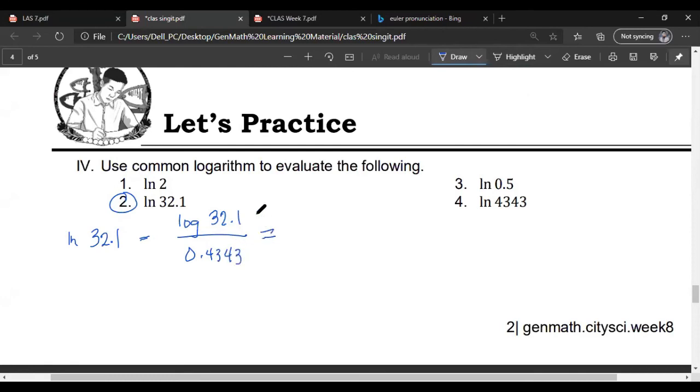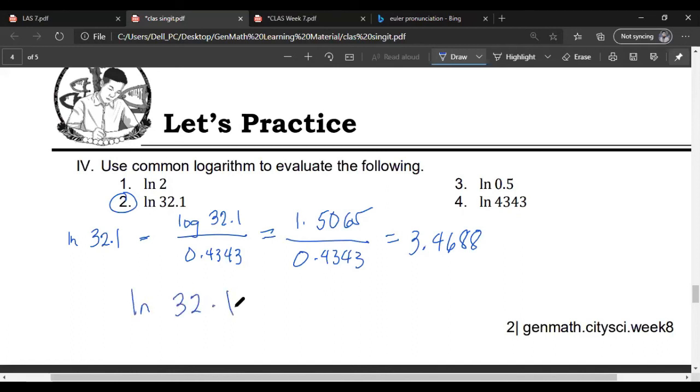The logarithm of 32.1 is 1.5065 divided by 0.4343. So the answer is 1.5065 divided by 0.4343, which is 3.4688.